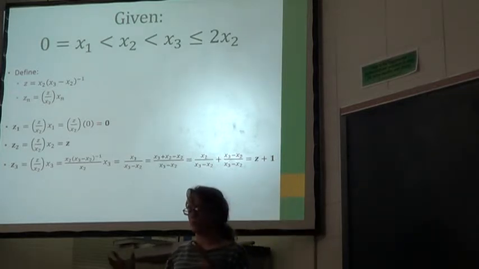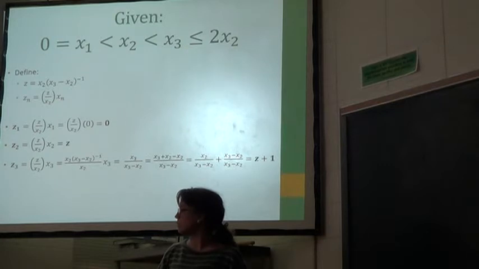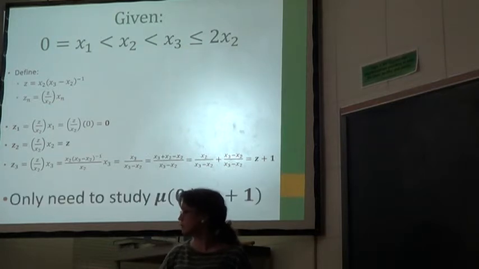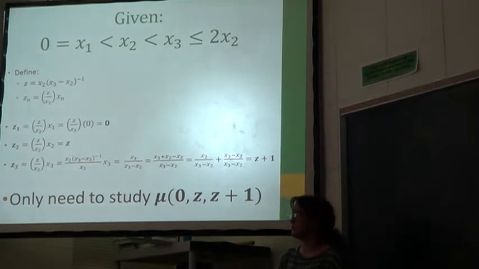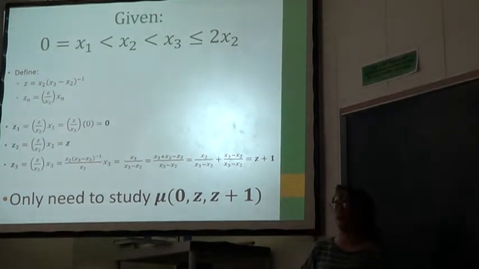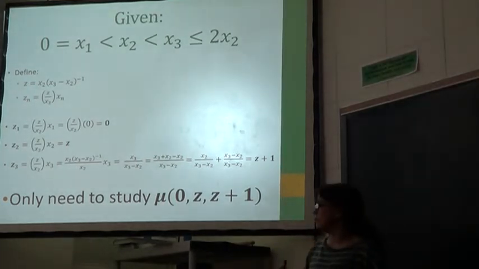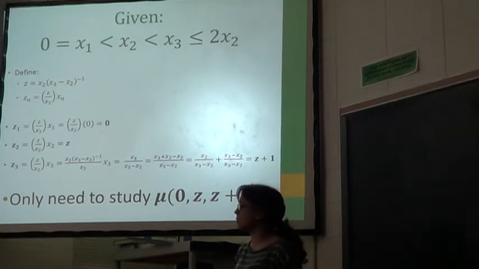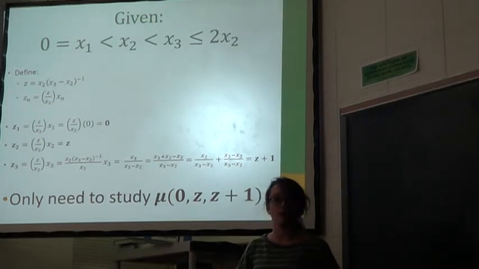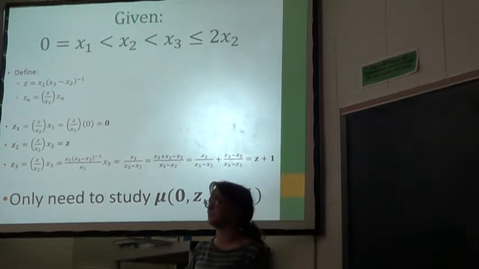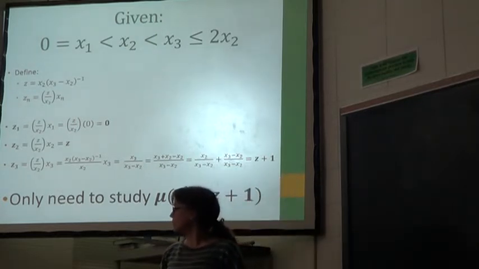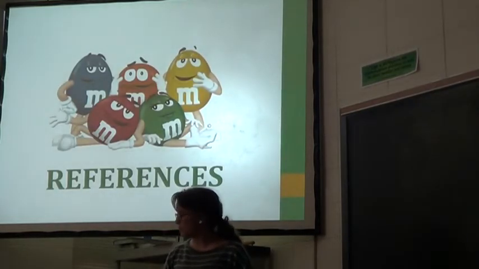So not only do we have the stipulations that we did before, but now, defining it this way, we really only need to study sequences in which the first element is 0, the second element is z, any real number, and the third element is only one larger than the second term, z plus 1. These are my references.